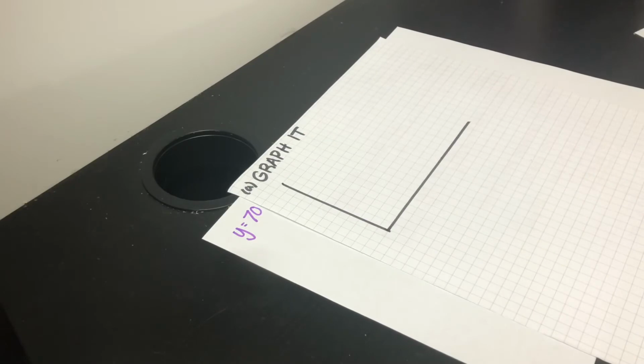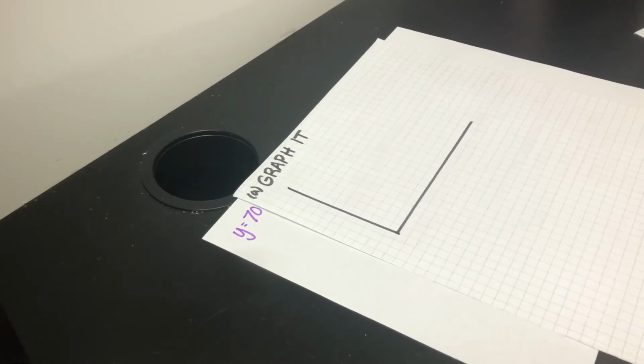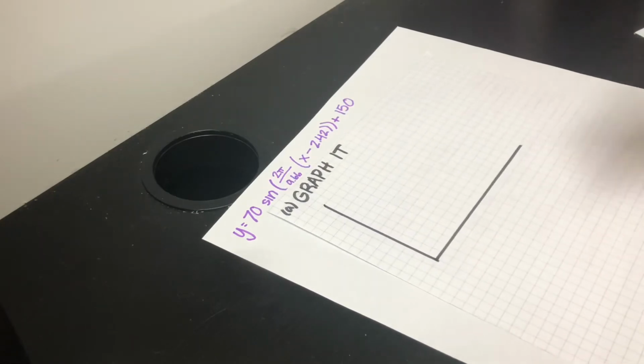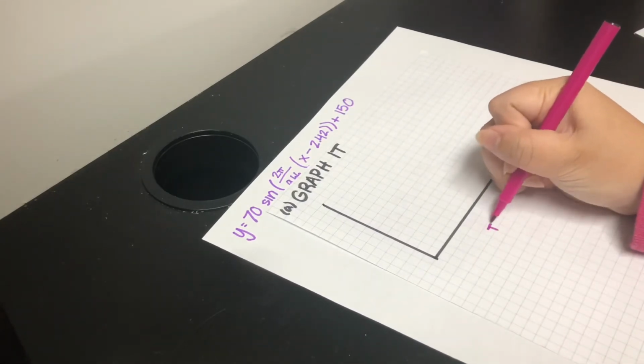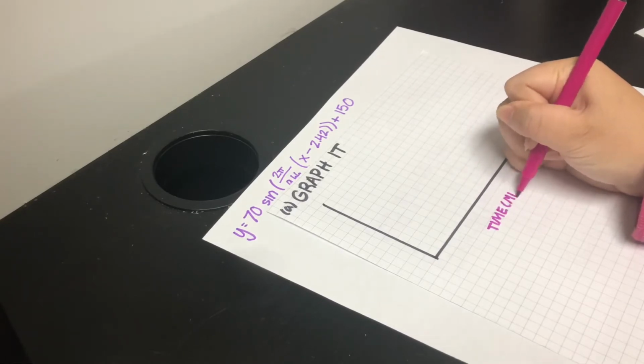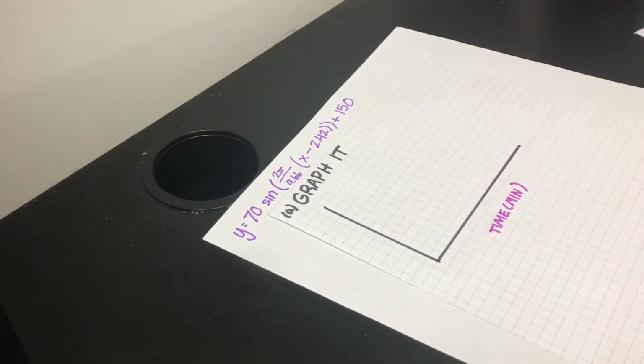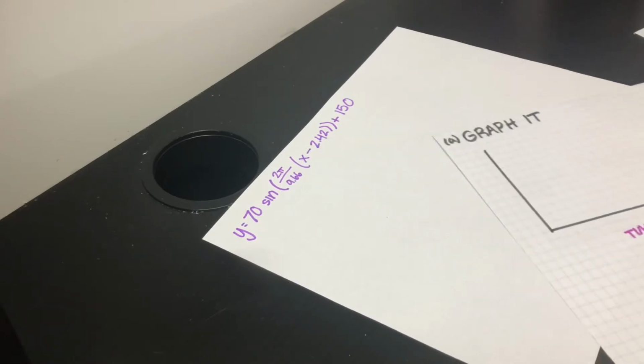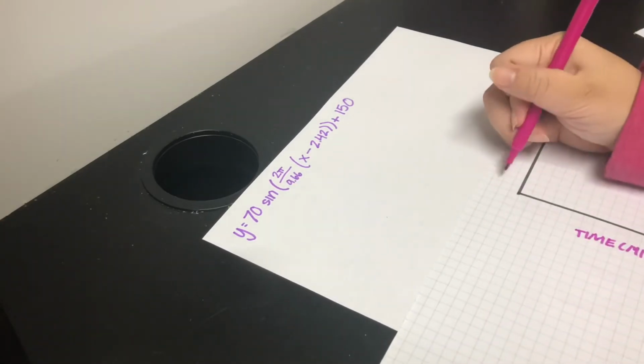Then from there we can start labeling our axes. So over here we would have time in minutes. And then over here on the y-axis we would have the distance in miles.